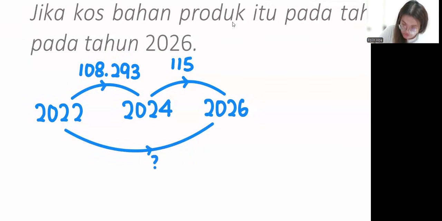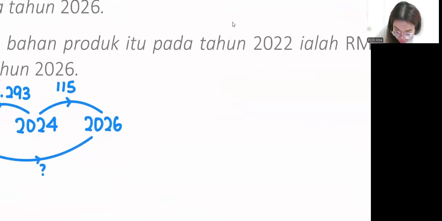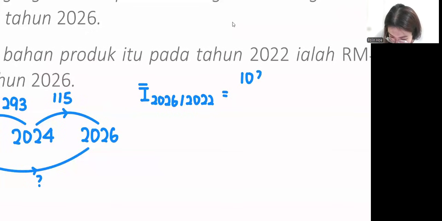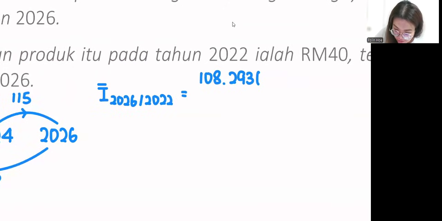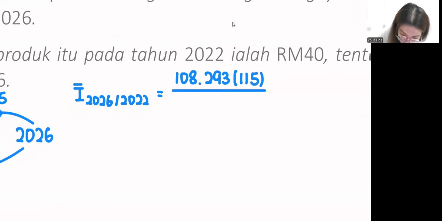What is this? 所以你要找出来它的 composite index 是多少。I bar 2026 based on 2022, I have 108.293 multiplied by 115 over 100. You get 124.54.